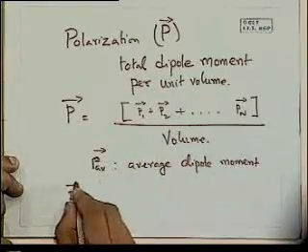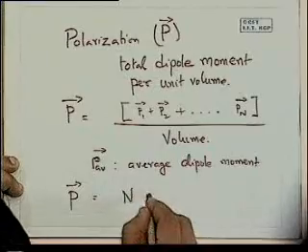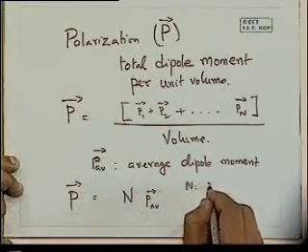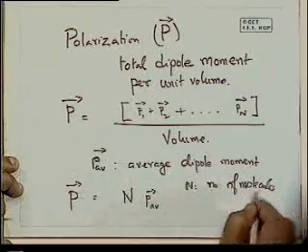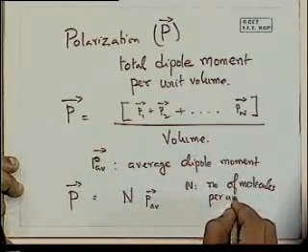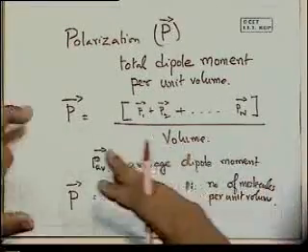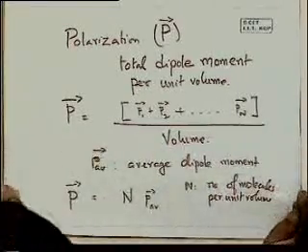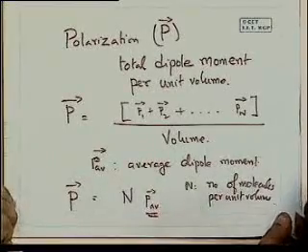Then we can write our polarization vector as n times p average, where n is the number of molecules per unit volume. Number of molecules means number of dipoles per unit volume effectively. We've expressed it in terms of a p average.